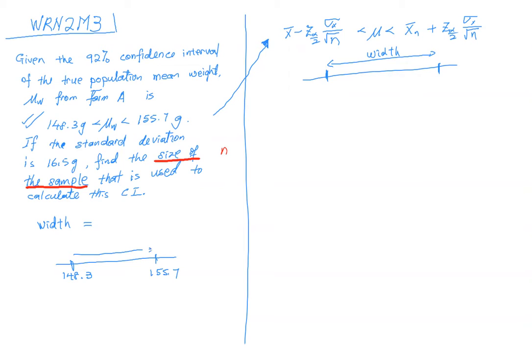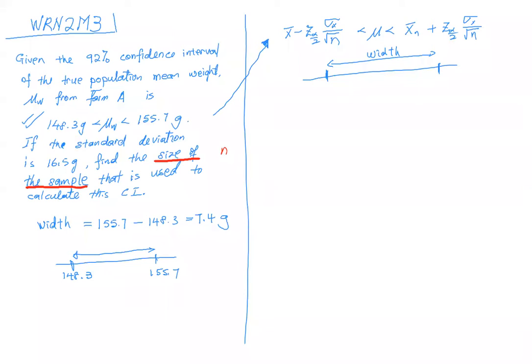Can you tell me the length of this one, Adrian? 7.4. Okay, 7.4. How did you get 7.4? The difference between them, the highest minus the lowest. 7.4 gram, right? Good.